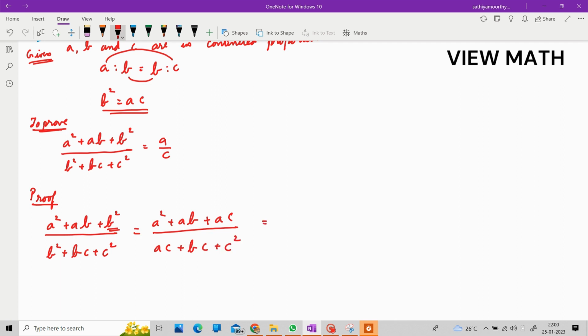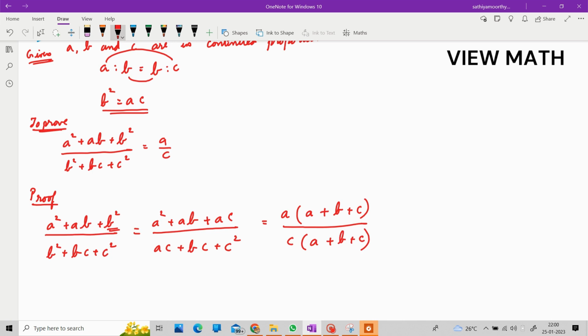This is equal to, so I can see in the numerator a is common. Let me take it outside. A into (a plus b plus c): the first term a square, I have taken one a outside, so the remaining one a is inside the bracket, plus b plus c, divided by, in the denominator I can see c is common, so let me take c outside. In the first term a, second term b and third term is c.